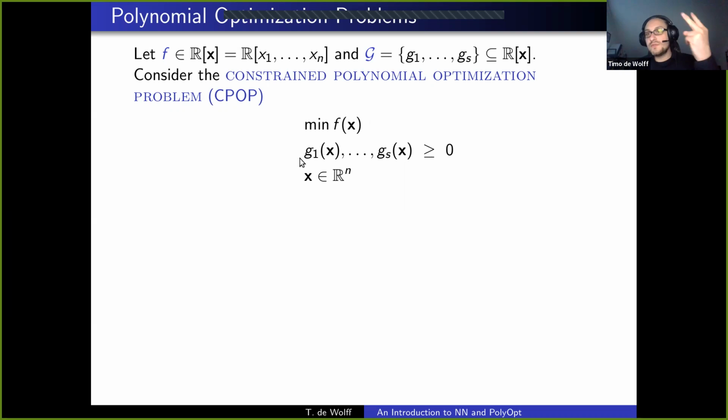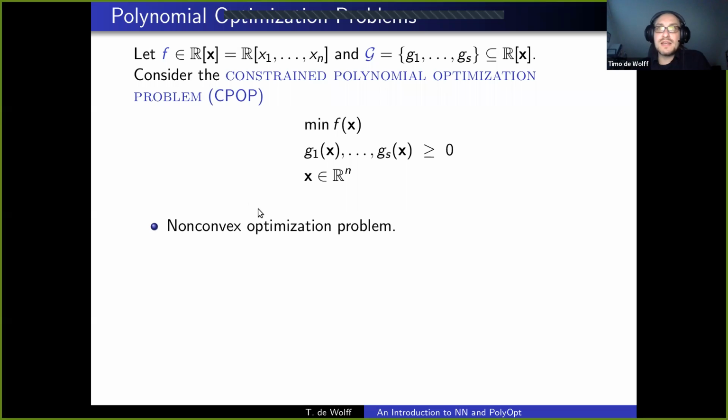Okay, so two observations to begin about this problem. Number one, this is a non-convex optimization problem, just meaning all functions are non-convex. If you know some optimization, then you know this is kind of unfortunate news. And if you don't know optimization, let me just tell you this is unfortunate news.